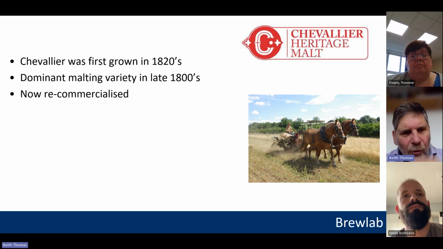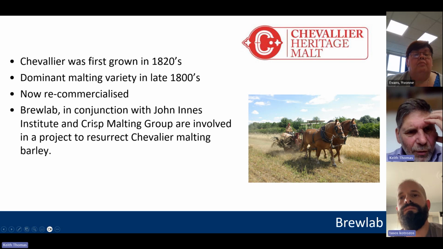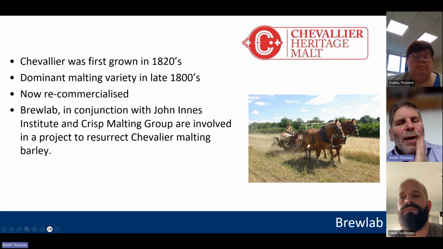But we were involved in this where we worked with the John Innes Institute, and we had some research going on to look at the old grains from the past. And we found in some tests with different fungi that Chevalier was very resistant to head blight.